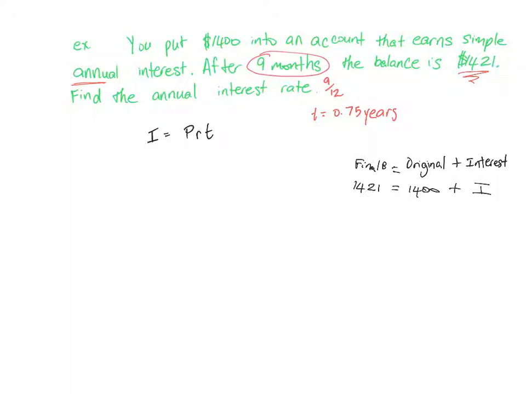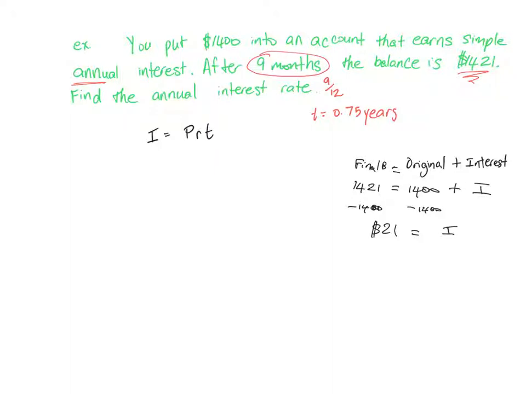So you have to just solve for interest, which is kind of easy in this particular case. And so the interest, that extra amount, the amount that the account grew, is $21. Now I made it look like a crazy formula, a crazy thing. It's actually not. If you think about it, just looking at the original question here, you put 1400 in, you end up with 1421. That is just 21 extra. All right, so now we know what the interest is.